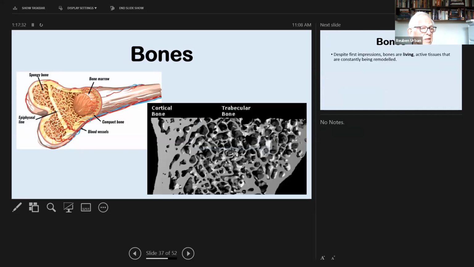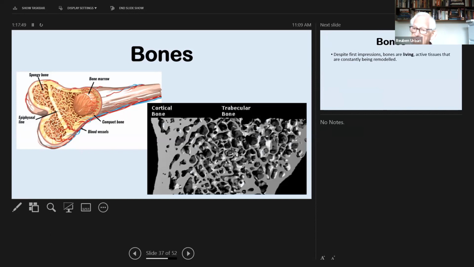And this is what the trabecular section here looks like. It's like a sponge. And the cortical bone is the outside bit here, which is solid. But it's full of blood.